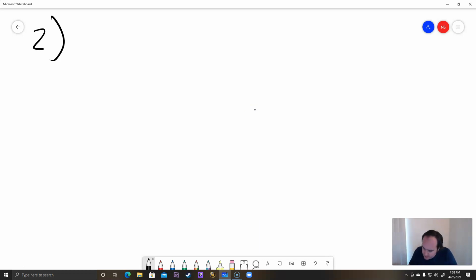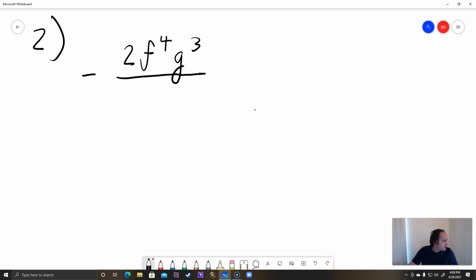So this one is negative 2f to the 4, g to the 3. Okay, that's the numerator of a fraction. And then the denominator of our fraction is 6f to the 4, g to the 6.